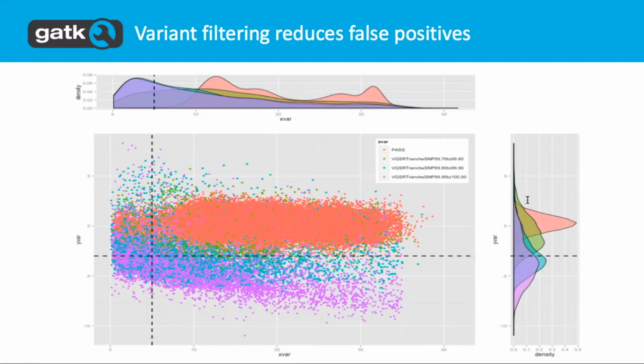This is an example of a plot of two different attributes. It's not really important which ones, but the idea is that this bulk right here of variants is good, and then you progressively get worse and worse variants as you get farther away from it. And we will actually discuss the idea behind variant filtration in talks tomorrow, and our very new solution to it that includes deep learning. Yes?